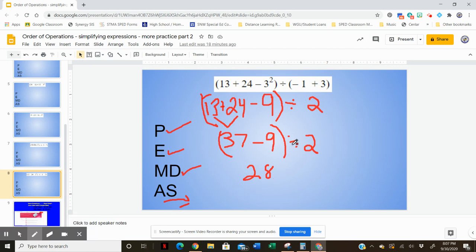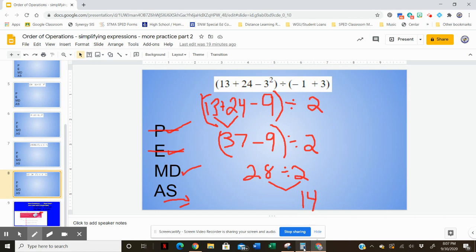I'm going to bring down my divided by 2. And there we go. I finally got rid of my parentheses. I don't have any more exponents to deal with. I do have division though. So my last problem is 28 divided by 2. And I happen to know that that is going to be a 14.